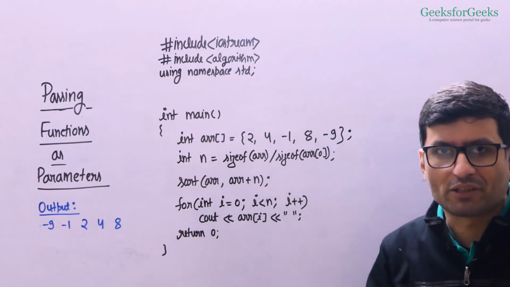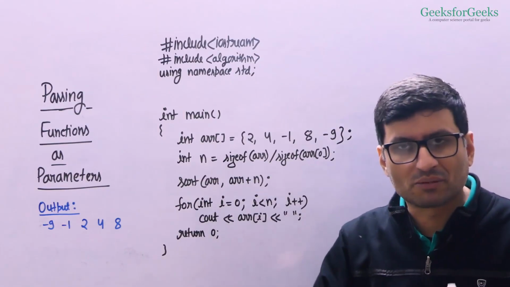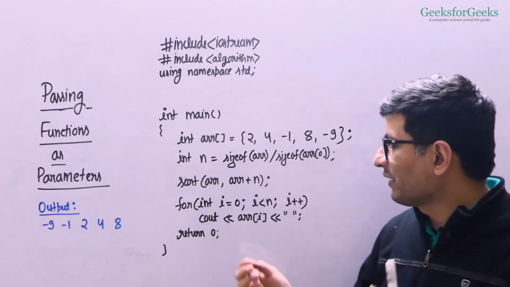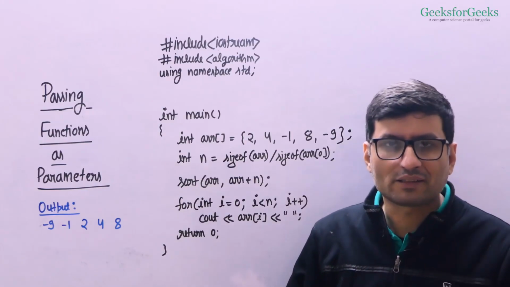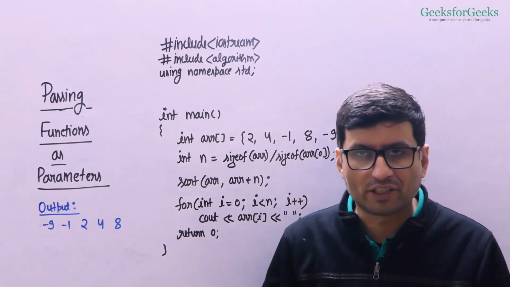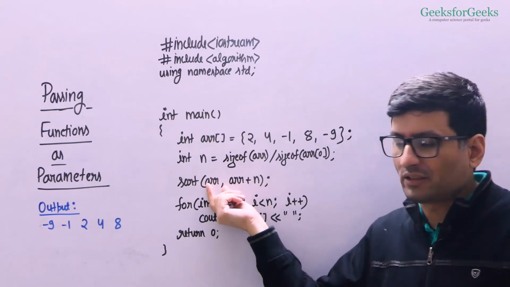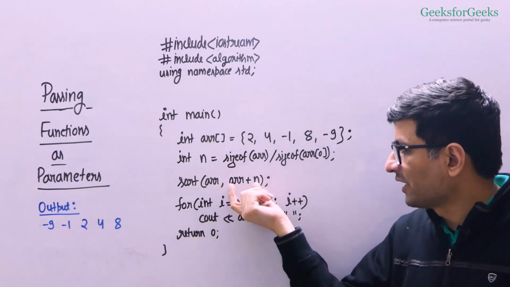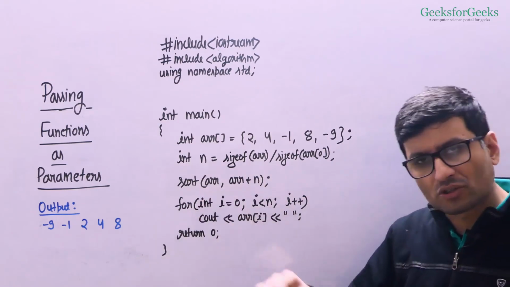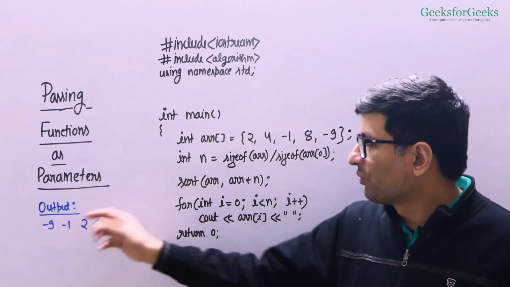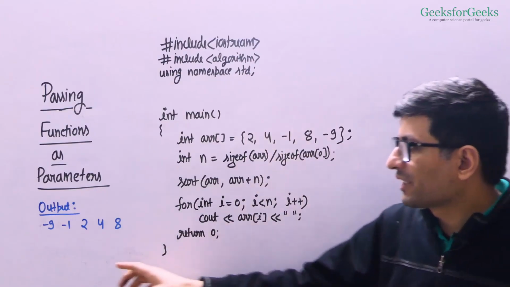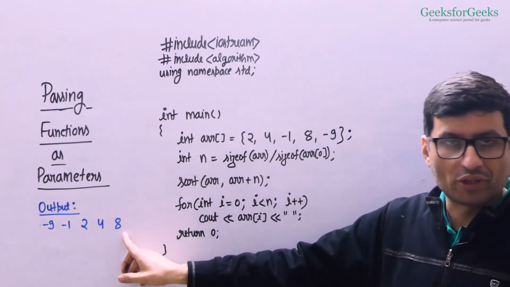Iterator is a concept that we have in containers in C++ STL, and when you have an array, you can pass array addresses in place of iterators because iterators are also addresses. So we pass ARR and ARR plus n, and this sort function sorts the array, right? So what we get after we sort the array is -9, -1, 2, 4, 8.